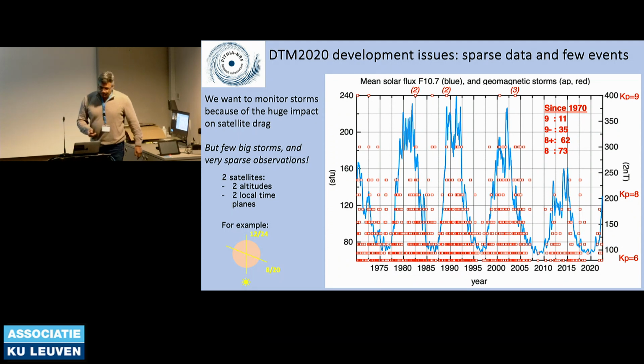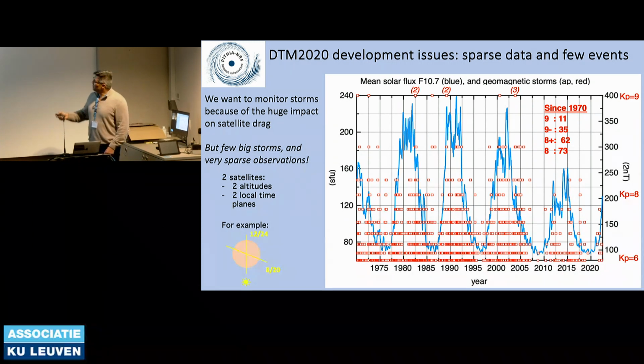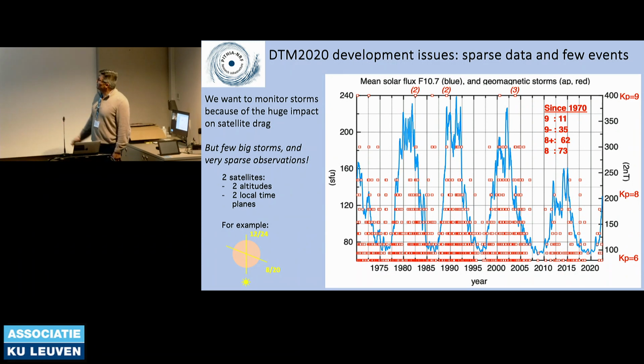But here again, we have a database that is far from complete. This shows you again, in blue is solar activity in F10.7, and in red, you have Kp. So this is the number of storms. Since 1970, we had 11 Kp 9 events, I'm telling here the events for which we actually had density measurements available.